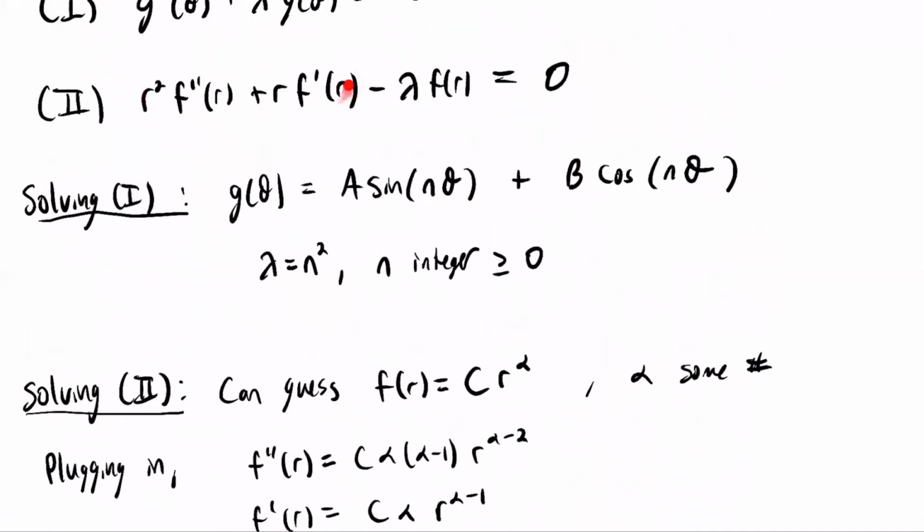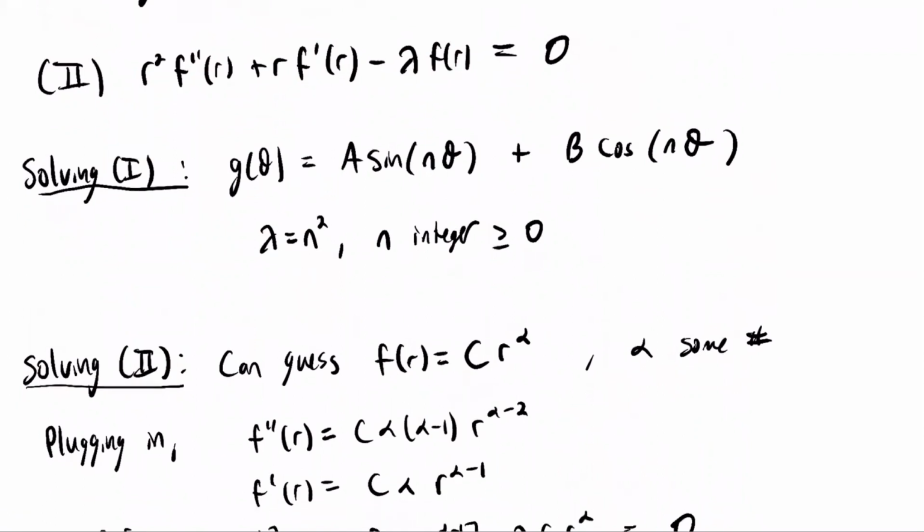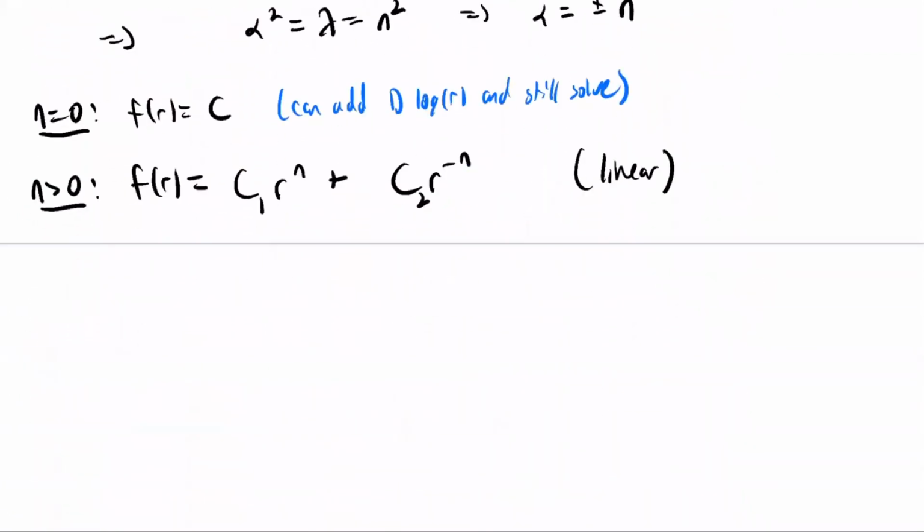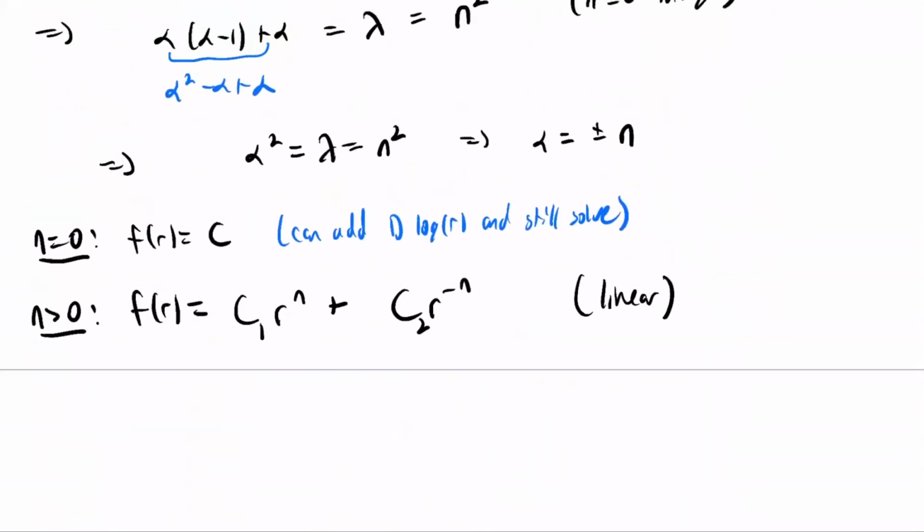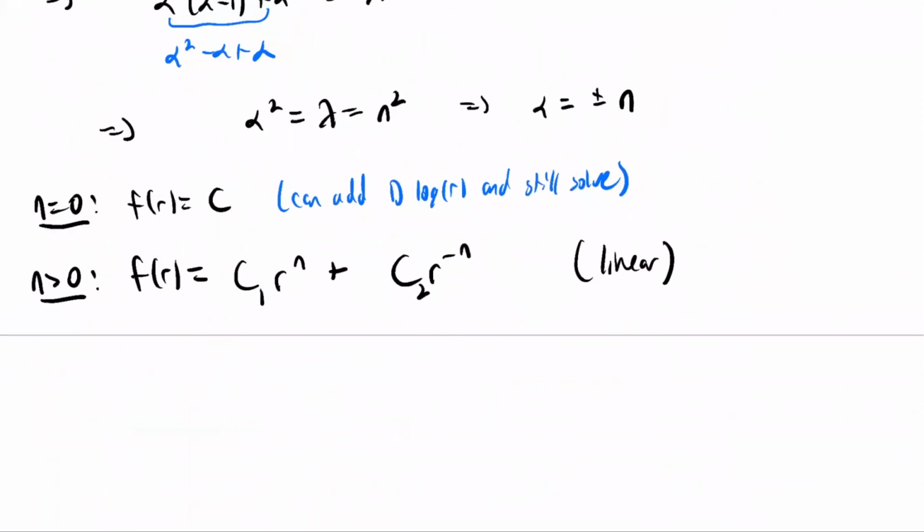You can just look at this ordinary differential equation and you can show that log r is also a solution when lambda is equal to 0. Constants are also solutions as well, which is what we got in the previous argument. So let me actually add this on, right? So the more general solution is plus some number d times log r.